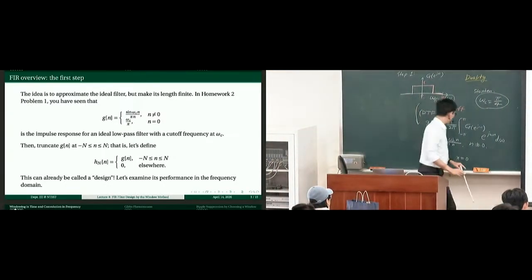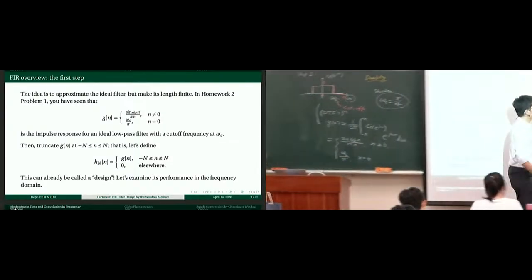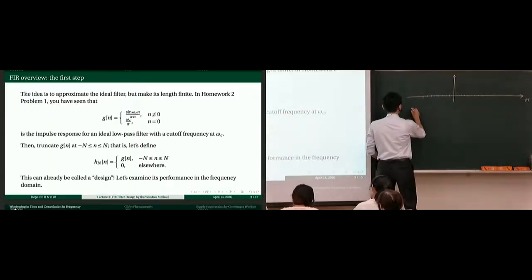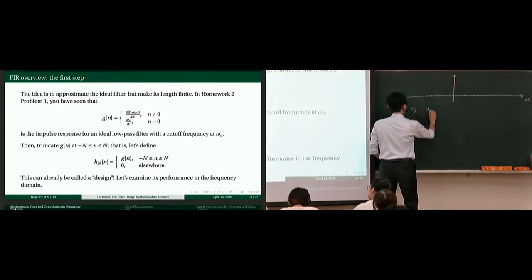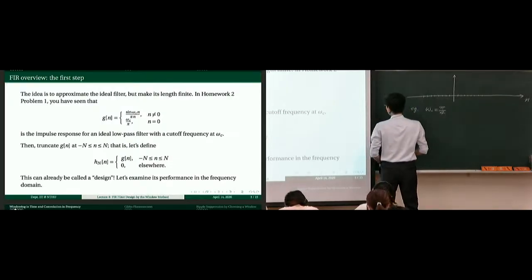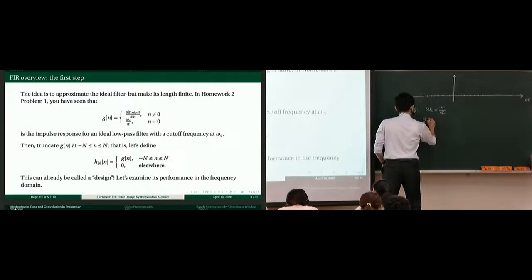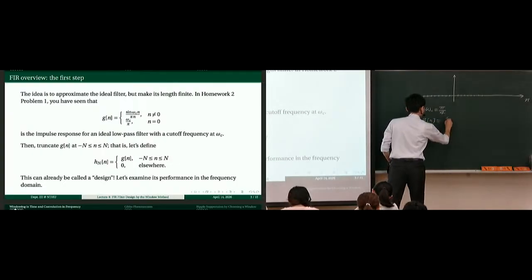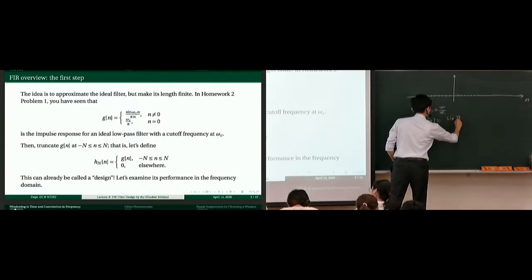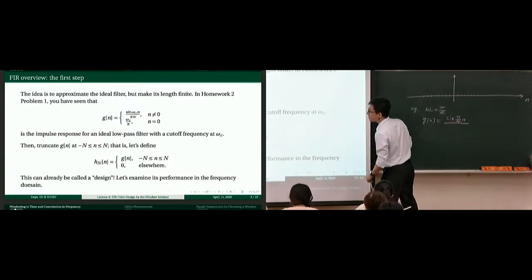But wait, so now, for example, if omega c is pi over 4, then we need to evaluate g[n] equals sine of pi over 4 n divided by pi n.